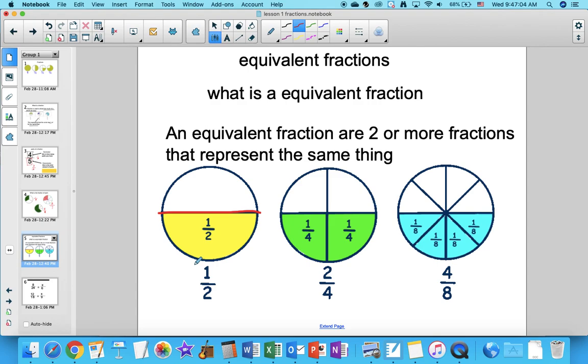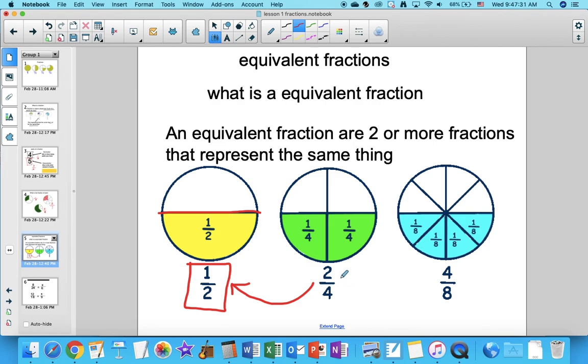So when you're getting an answer, you want to go with the fraction that uses the smallest numbers. So let's say you end up with 2 out of 4. Well, I want to simplify the fraction, and the way you do that is you look at the top, you look at the bottom, and you ask: is there a number I can divide the top by that I can also divide the bottom by?